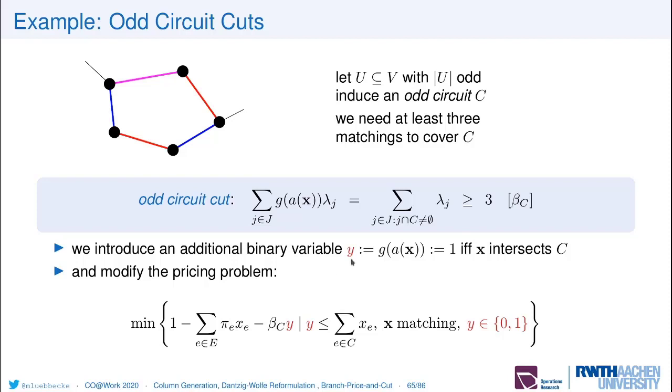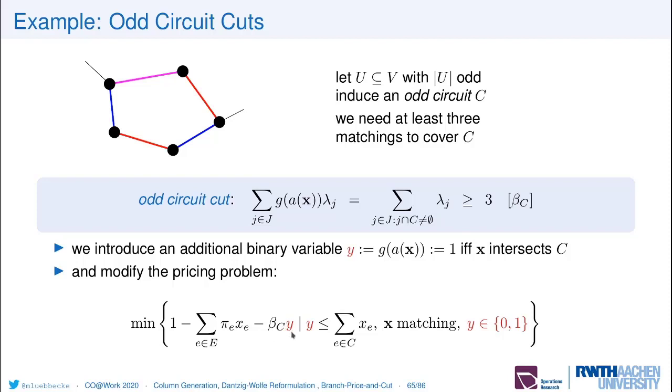Well, I have a new variable, a binary variable, and it says whether the matching I construct in the pricing problem intersects the odd cycle corresponding to the odd cycle inequality, yes or no. If it does, then that matching would appear in the sum here with the coefficient 1. And if it appears with the coefficient 1, it means that in the objective function I have to subtract the corresponding dual variable. So this is the good interpretation.